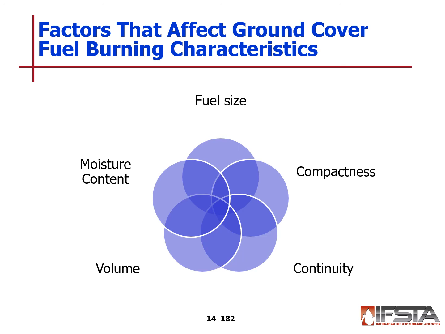And then as the dew falls again in the evening time, we'll hit another time frame where they gain moisture content. The compactness, the volume, and the continuity or the arrangement of these fuels as well are characteristics.